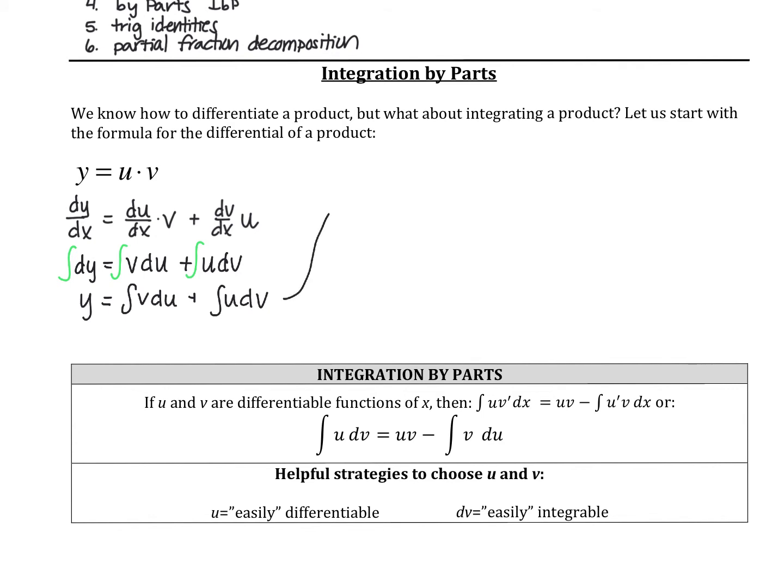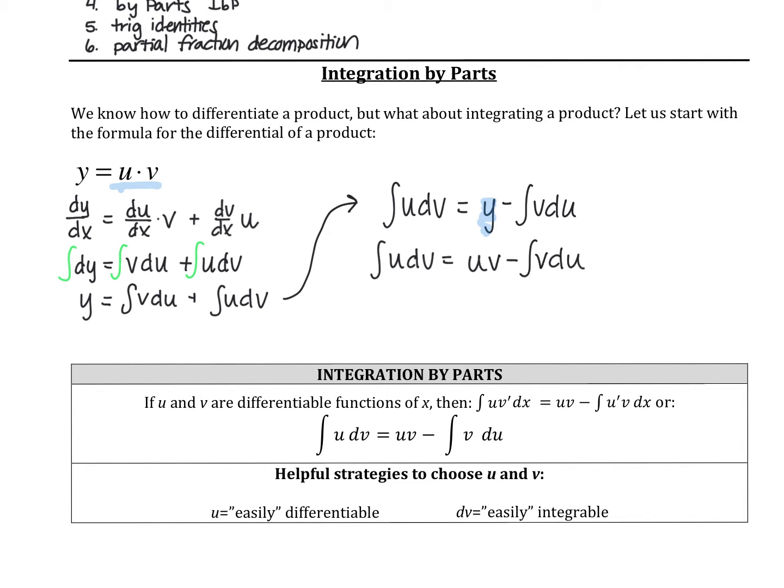Now, I'm going to reorder this so that I get the integral of u dv equals y minus the integral of v du. So just some algebraic manipulation. And you'll notice that this variable y right here is equivalent to u times v, and so I can rewrite this to say the integral of u dv equals u times v minus the integral of v du.